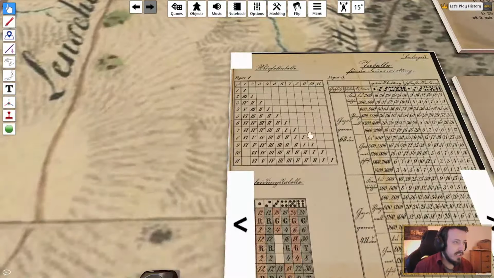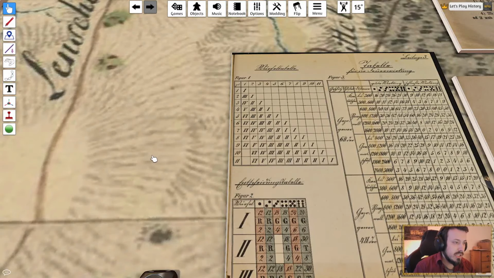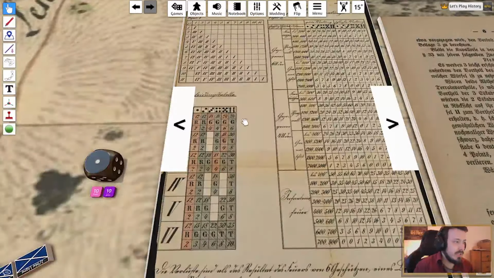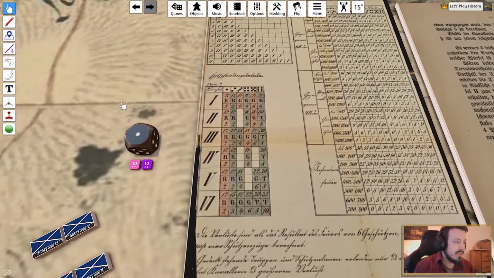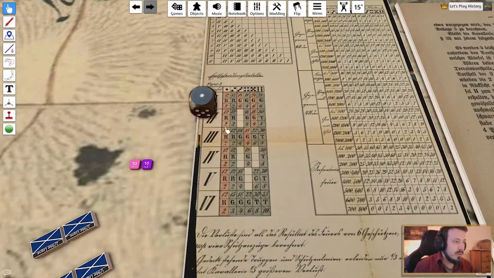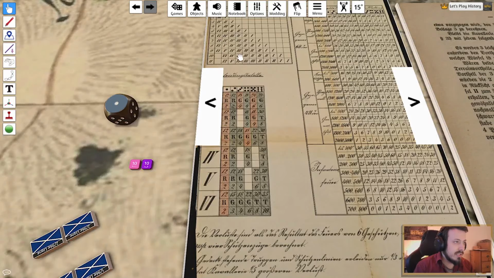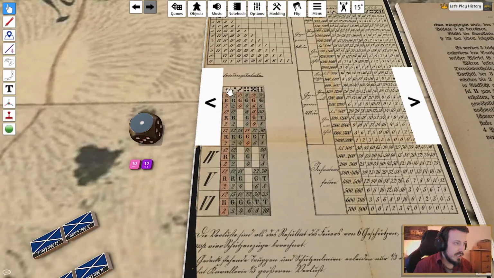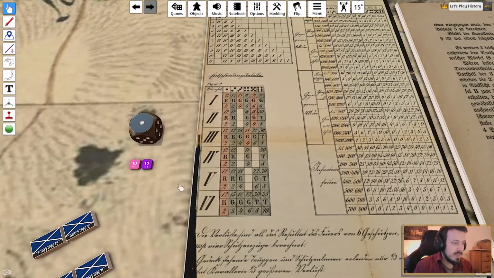And he has a ratio table up here, which is important for the melee especially, which then decides which die to roll down here, right? One of these. And by saying roll a die, it means roll that D6. If the table tells us to roll die 4, we would not pick a specific die, but just roll this D6 on here, and you can see how that works. We cross-reference the result, and that's what happens.